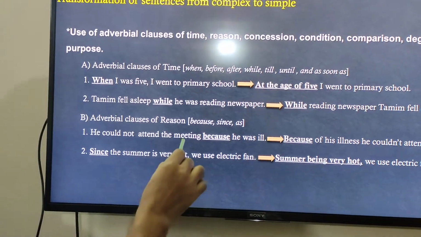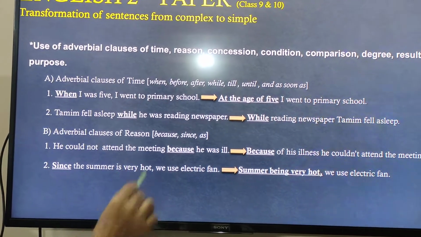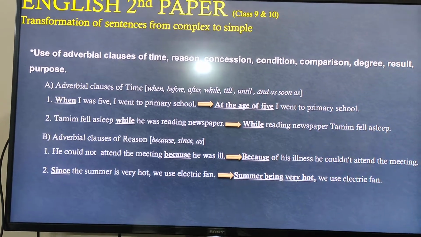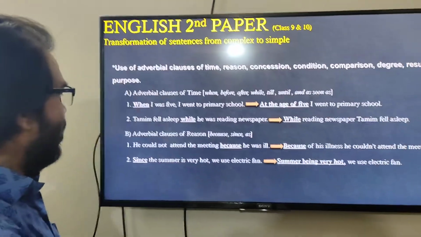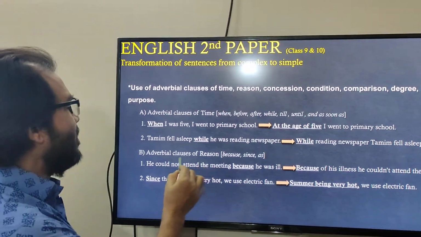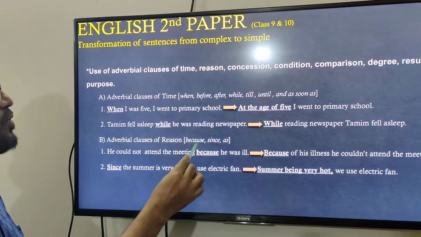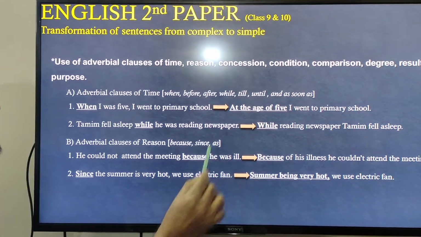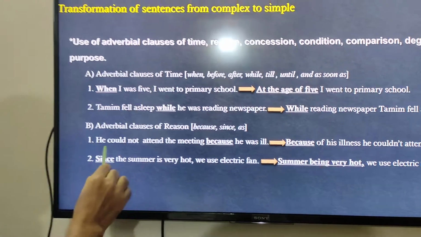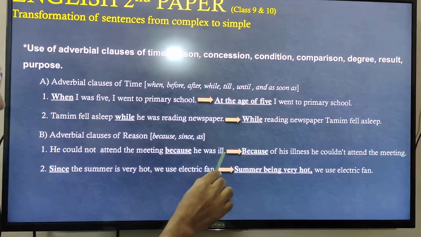Reason indicates why something happens, why the action happens. Whenever we talk about the cause of some action, it is expressed through the adverbial clause of reason. The adverbial clause of reason begins with the conjunctions because, since and as. Let us see the example. He could not attend the meeting because he was ill.